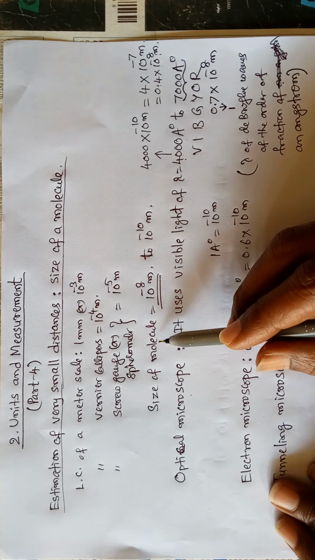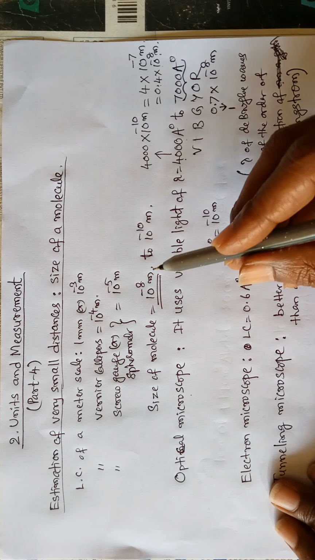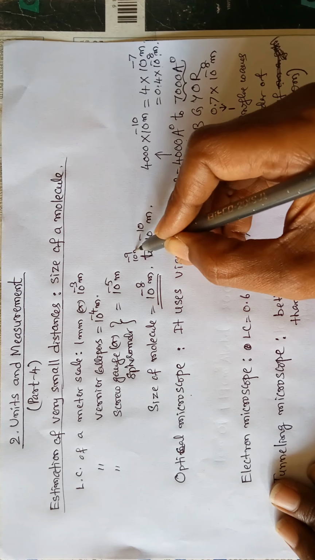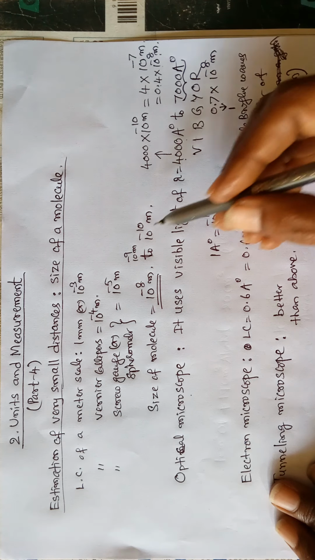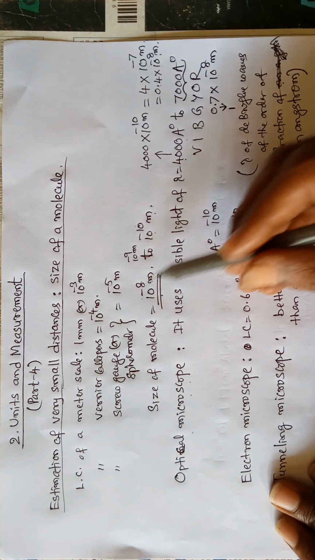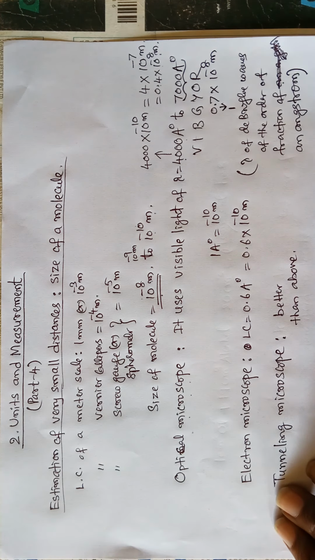If the size of a molecule is less than this, for example, if it is 10 power minus 9 meter, or 10 power minus 10 meter, the optical microscope cannot measure. Only up to 10 power minus 8 meters it can measure.